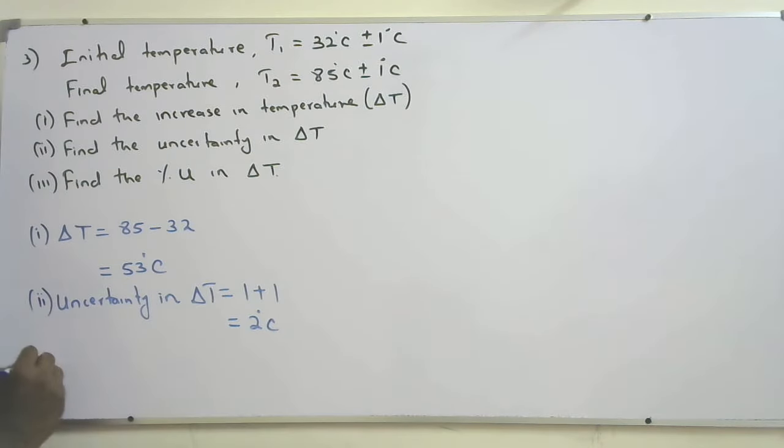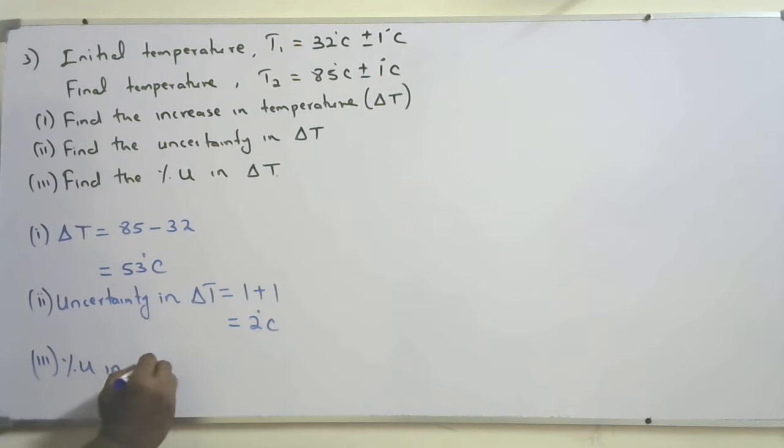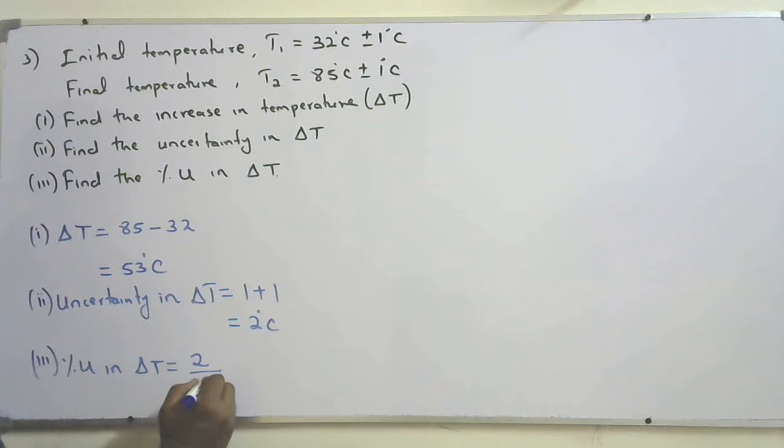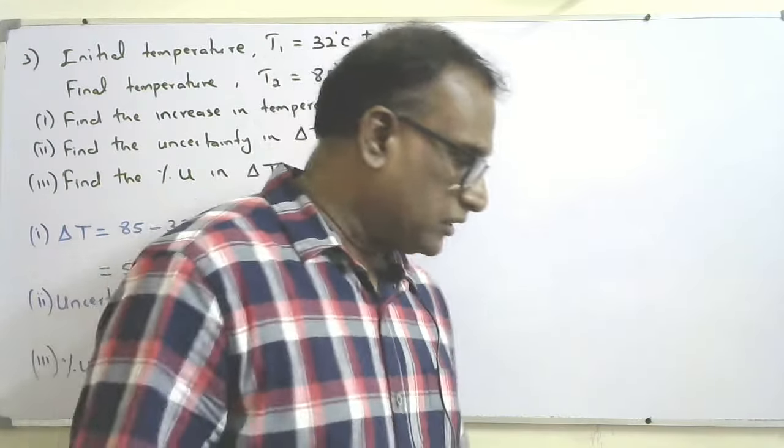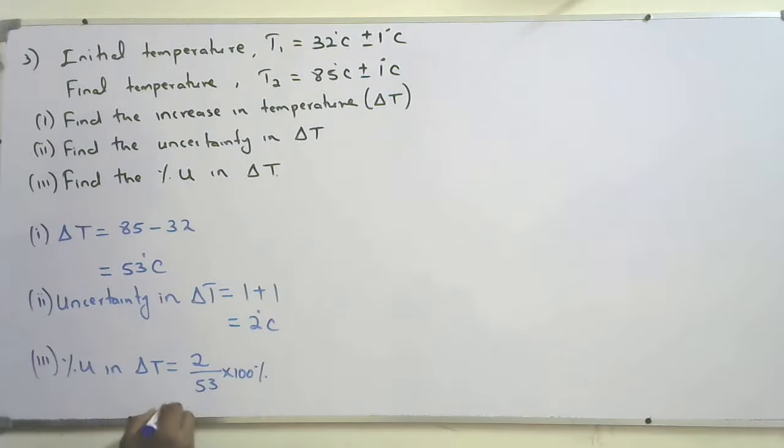The third part is percentage uncertainty. Percentage uncertainty in delta T is equal to uncertainty in delta T, 2 degrees Celsius, divided by measurement 53, into 100%. So solve it. That will be equal to 3.8 percent.